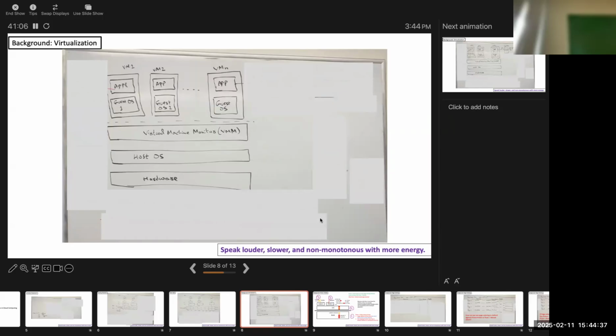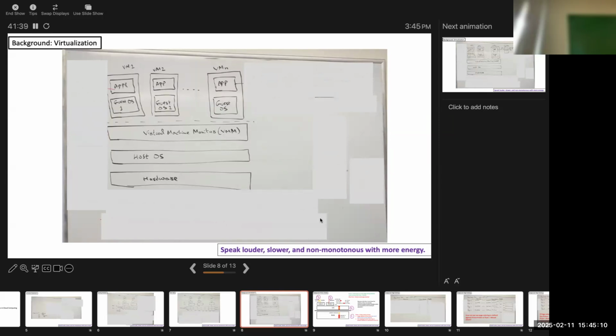Each virtual machine has its own guest operating system, and these guest operating systems in different virtual machines can be the same or different. Within each virtual machine, you can run multiple applications. The job of the virtual machine monitor is to allocate and manage resources for virtual machines, and it also interacts with the host operating system.